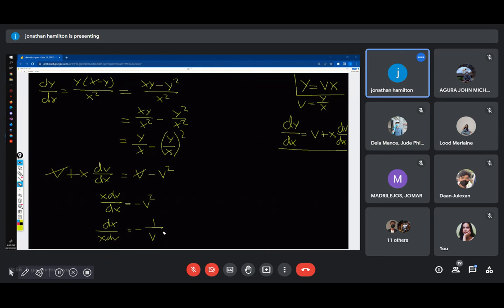Then we can multiply both sides by dv, cancel this out, and we're left with the equation dx over x is equal to negative dv over v squared. This will become our separable variable equation.